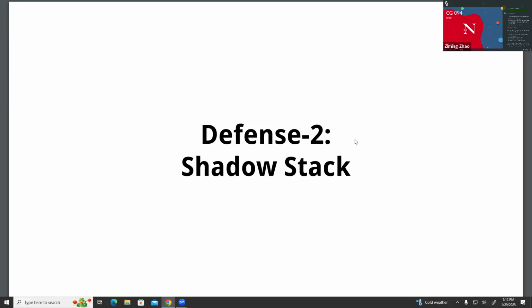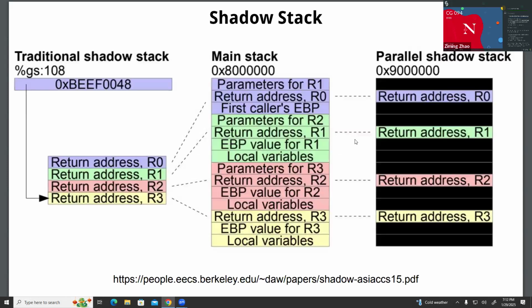The second defense, which is still a popular research topic right now, is called the shadow stack. Actually, in my lab right now, we have an ongoing project developing a new type of shadow stack for embedded systems. The idea of shadow stack is also very simple, and a lot of compilers right now already support this. I don't remember if GCC supports this, but LLVM definitely supports this.